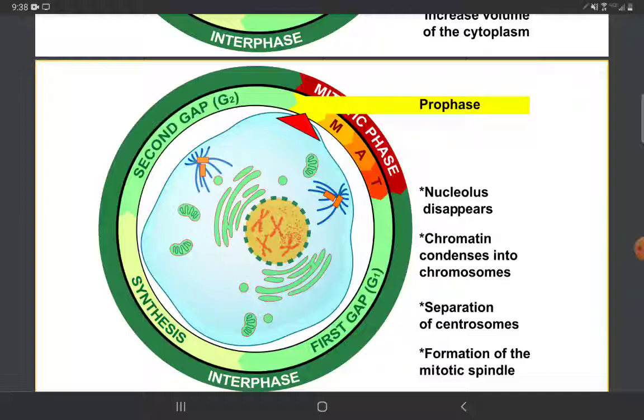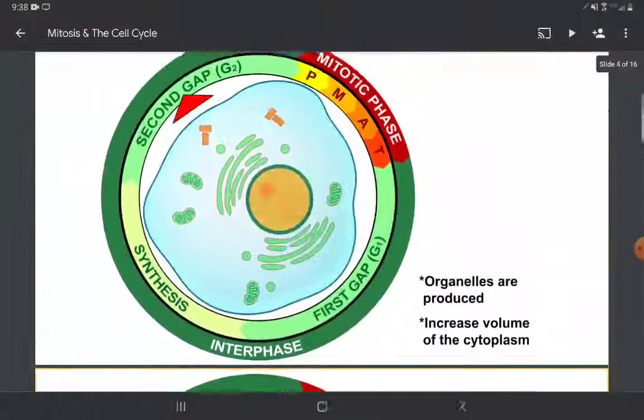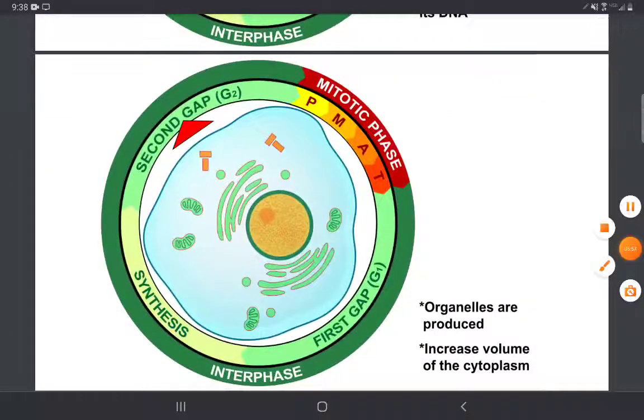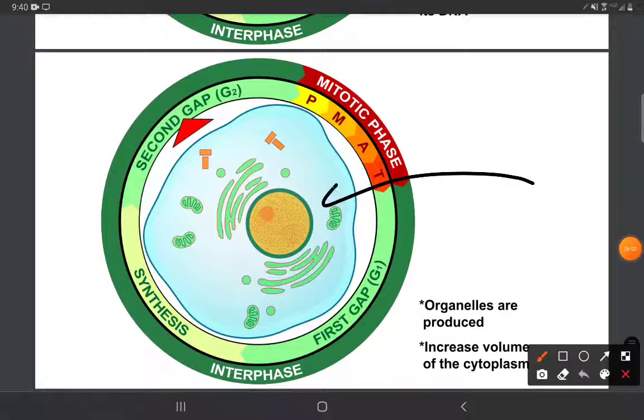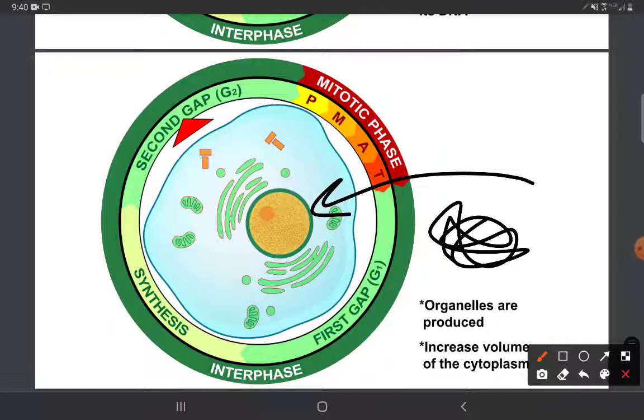If we compare DNA, if we look here in this nucleus, we see that the DNA is relaxed in a chromatin-like structure.